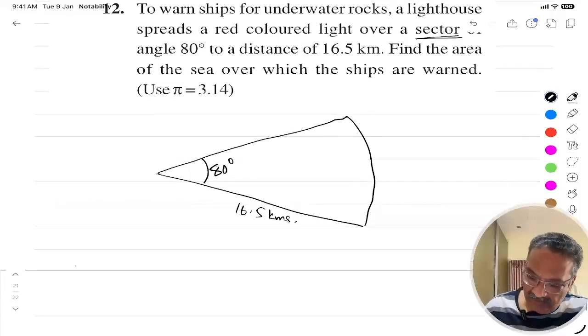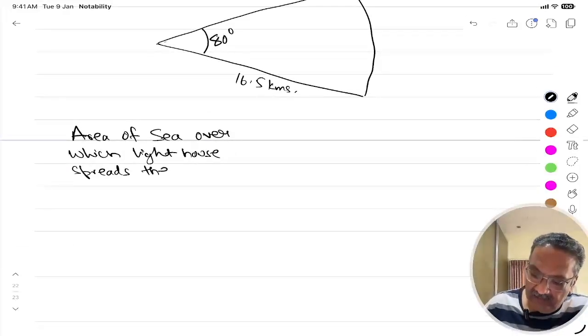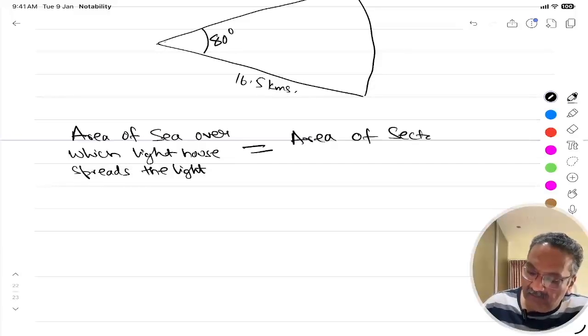This is nothing but the area of the sea over which the lighthouse spreads the light is nothing but the area of a sector with theta 80 degrees and radius 16.5 kilometers.